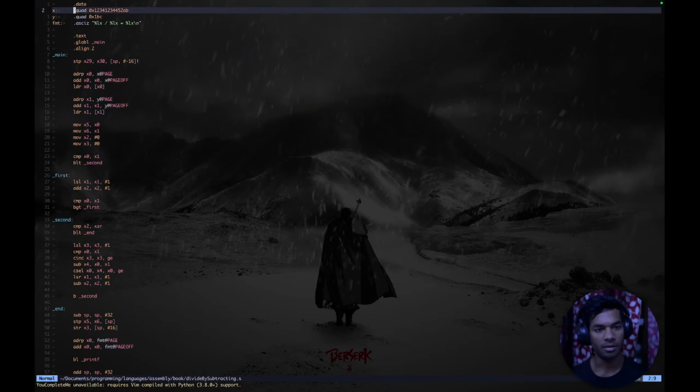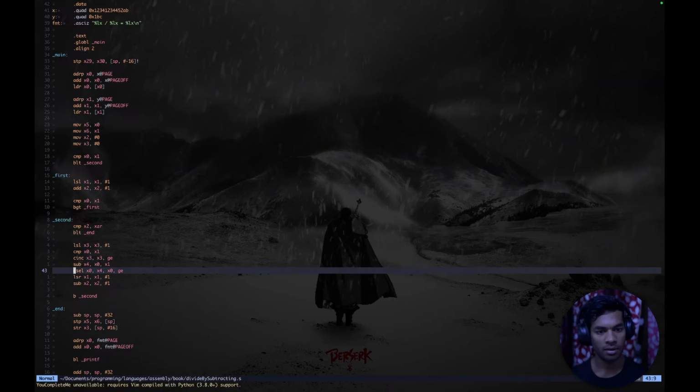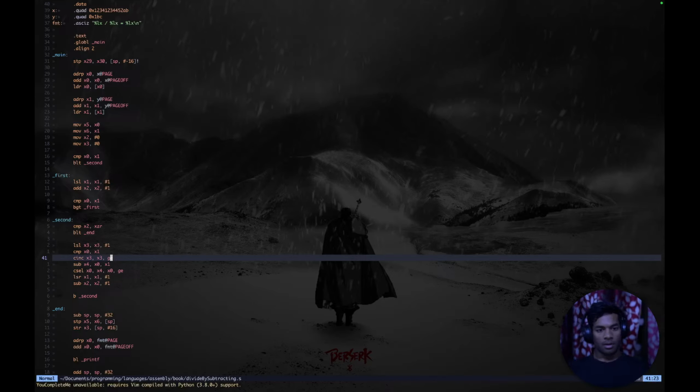Divide by subtracting. Yep. In the second part, I did this divide. Conditionally increase, and here I am checking for greater than. Somehow it's because the values have flipped.